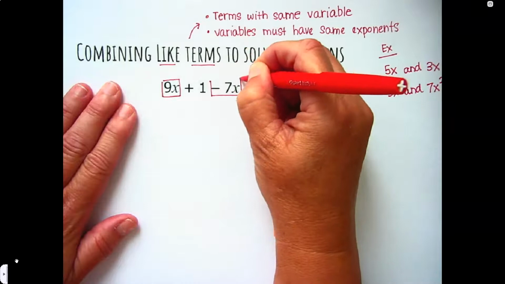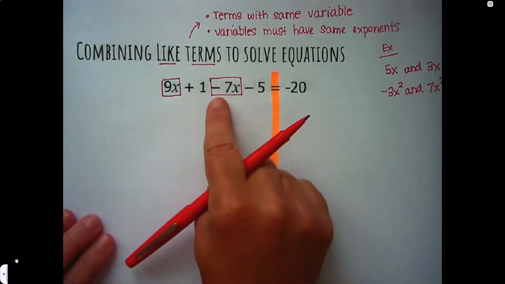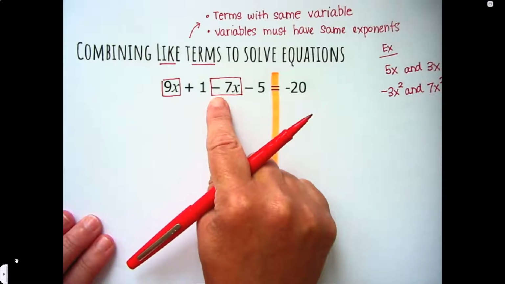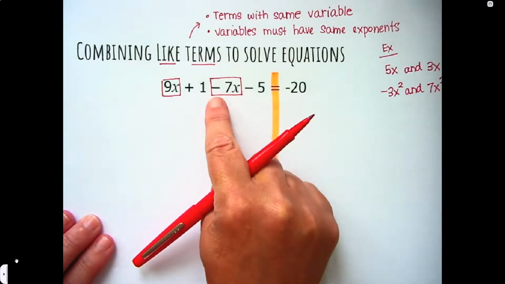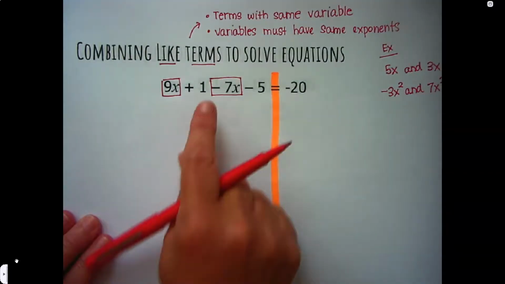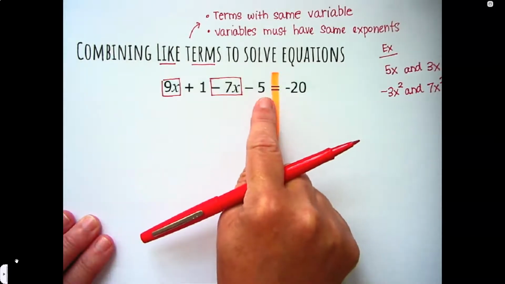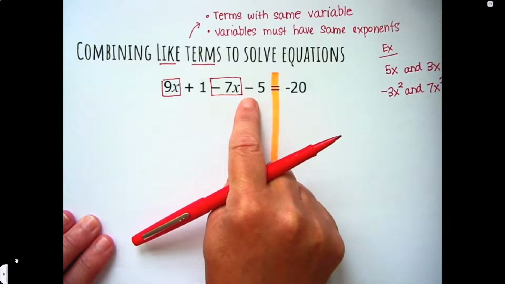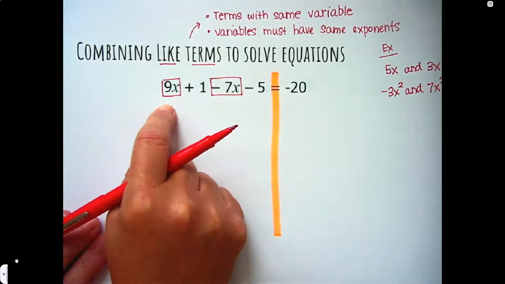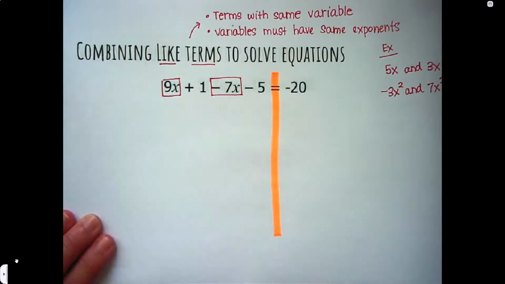When I look at that 7x, I need to also consider that sign that is in front of him, because that 7x is a negative 7x because of that minus that's in front of him. So that belongs to him. Okay, this 1 is a positive 1 because there's a plus in front of him. This 5 is a negative 5 because there's a minus in front of him. This 9x is a positive 9x because there's nothing sitting here in front of it, which means he's positive.